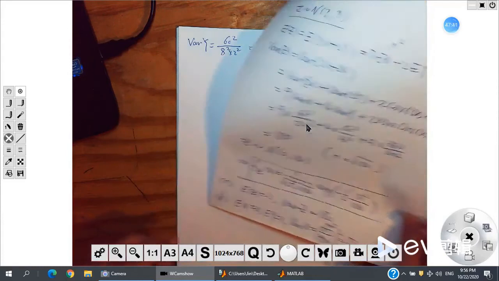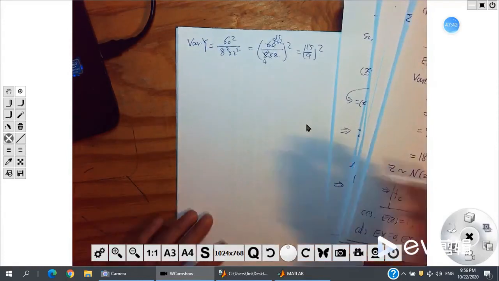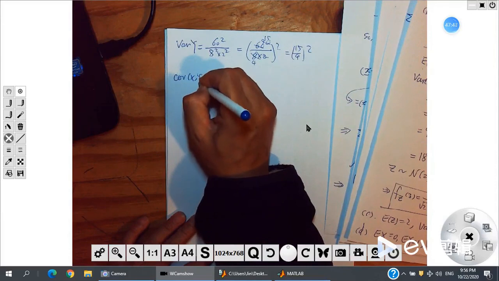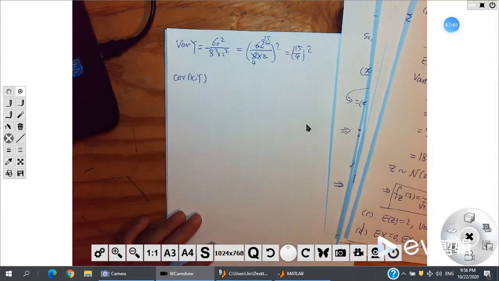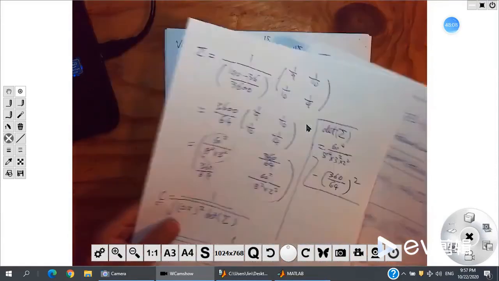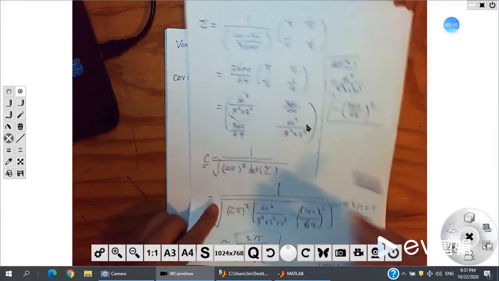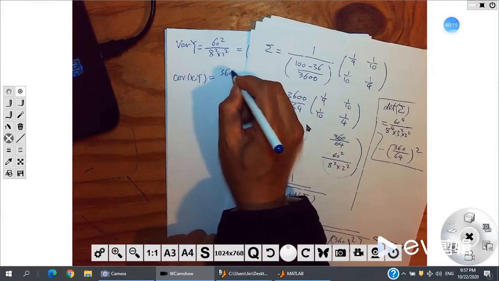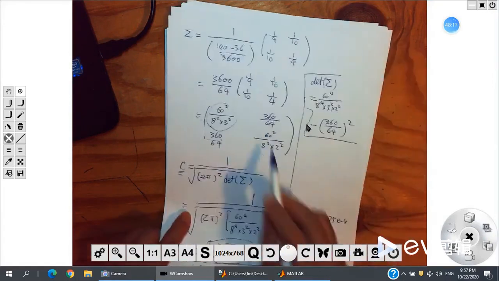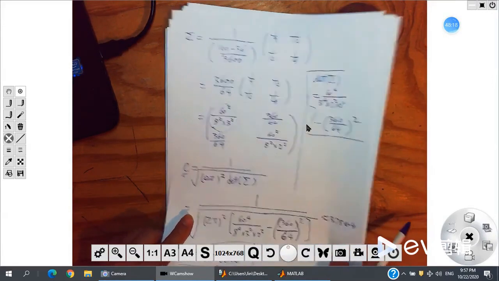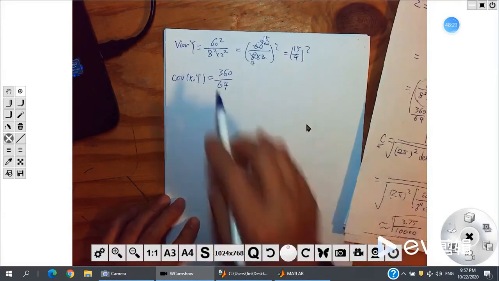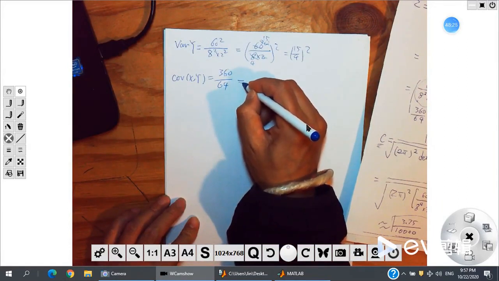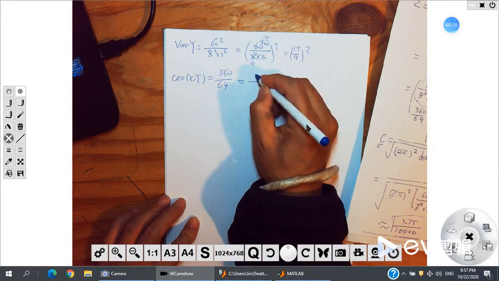And then we want the covariance of X and Y. I want this formula. We have the matrix, right? It's here, it's just this one. So it is just 360 over 64. Right? Just this one, 360 over 64. Can we simplify? I divide by 4, I have 90.